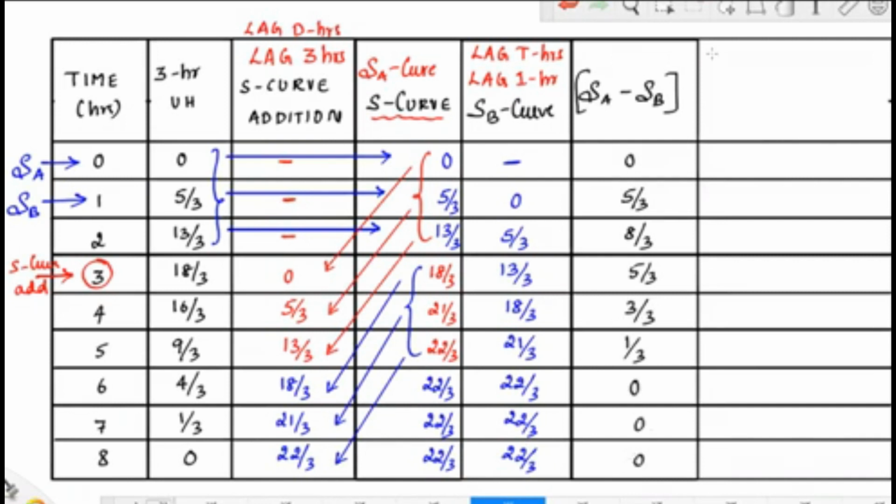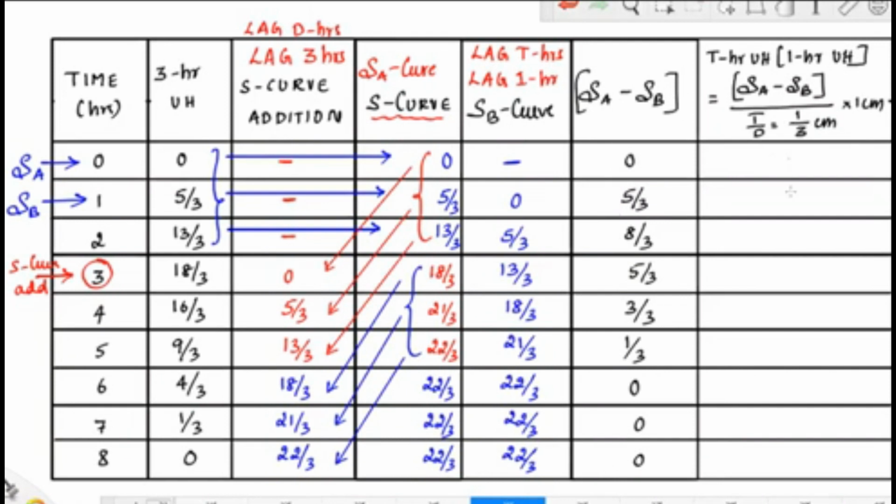Now finally, the T hour unit hydrograph, that is nothing but the 1 hour unit hydrograph, is equal to SA minus SB divided by T by D. T by D is nothing but 1 by 3, now into 1 centimeter. So all these values you have to divide by 1 by 3.